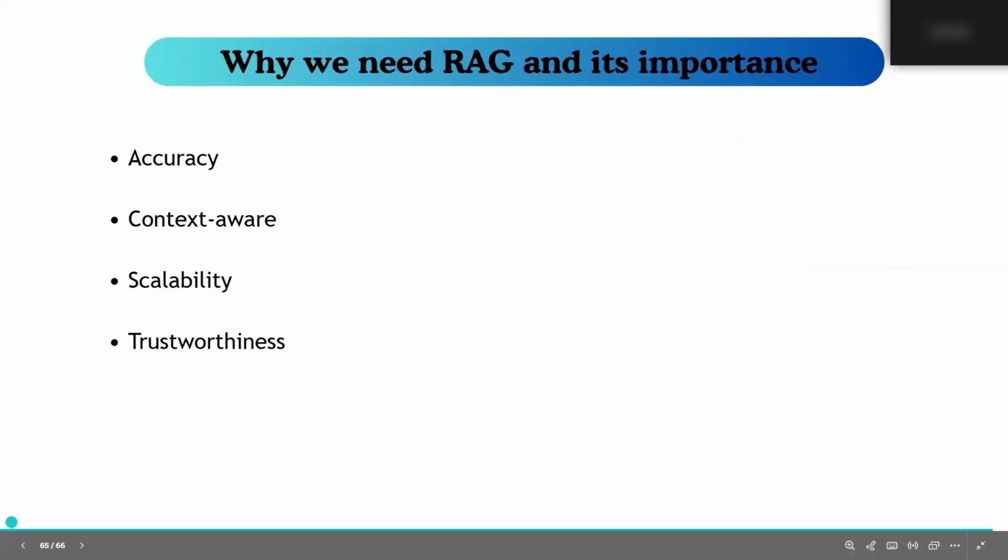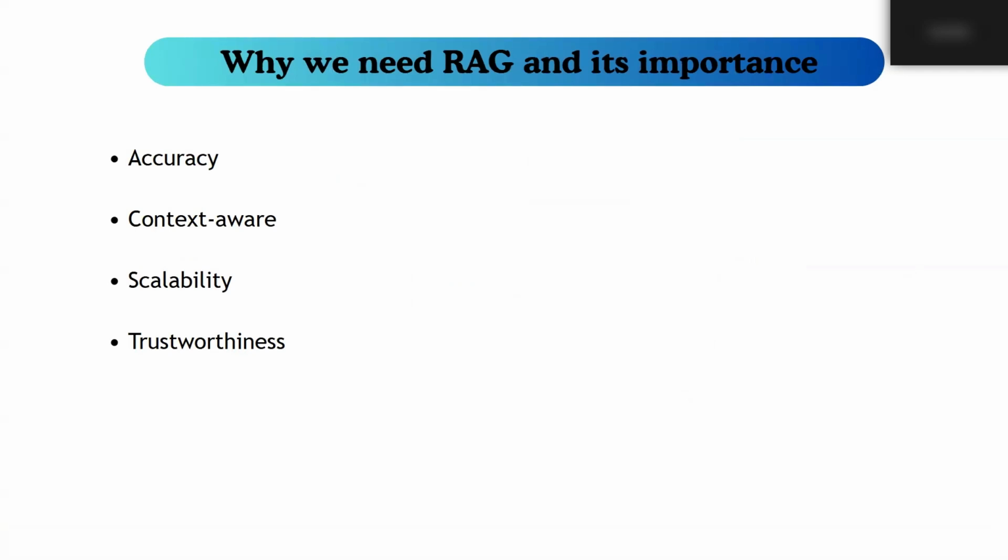Now, let's try to understand RAG and its importance. The very first point is accuracy. Answers are always based on real, up to date sources, not just AI memory. Second is context awareness, where AI can provide answers tailored to our specific question.